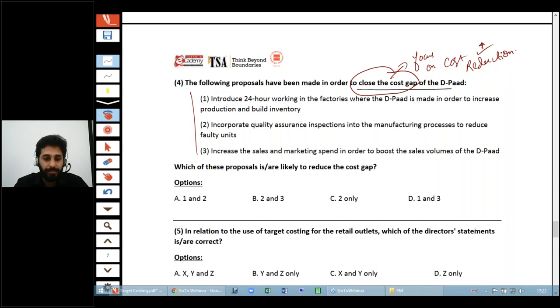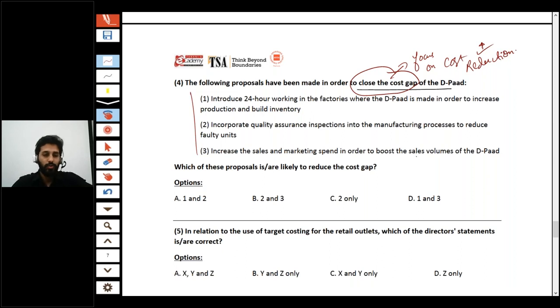Number one is to introduce 24-hour working in the factories where DPAD is made in order to increase the production and build inventory. Would this be useful to build up the inventory? No. A 24-hour working facility would increase your cost.